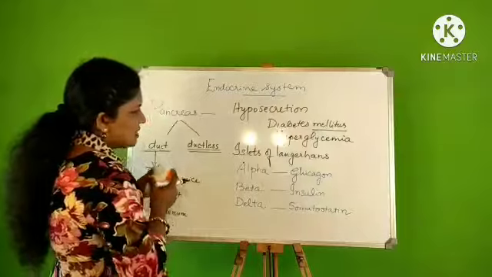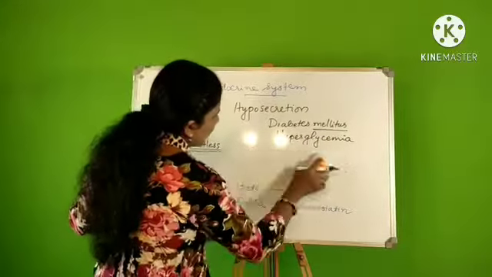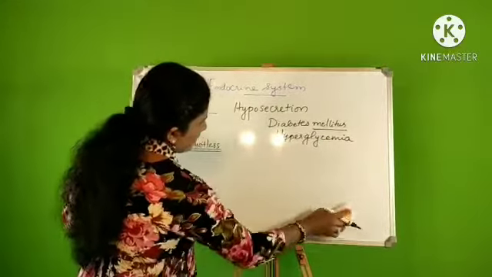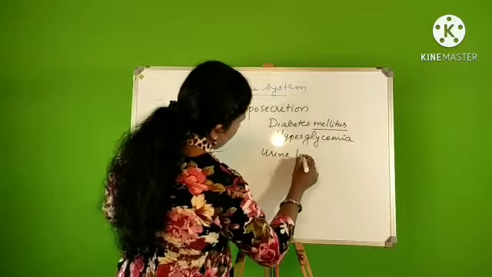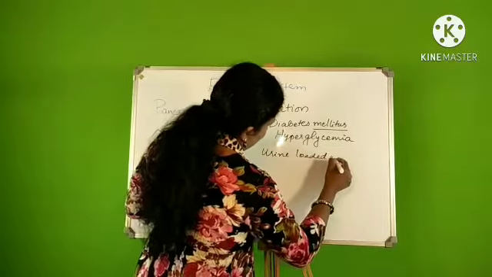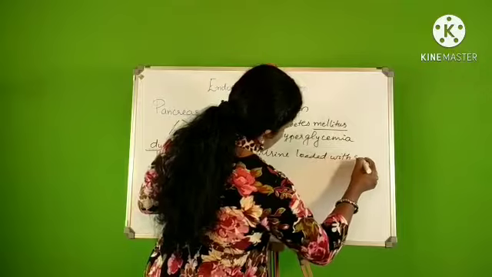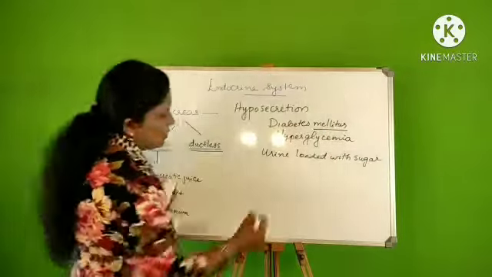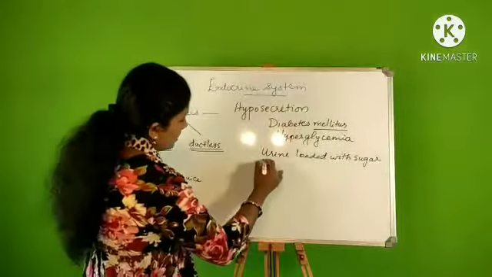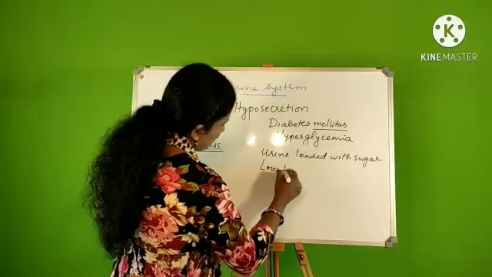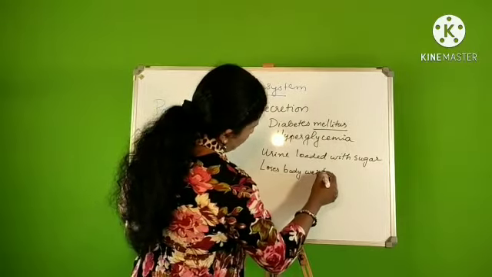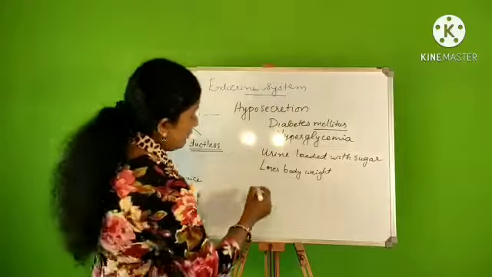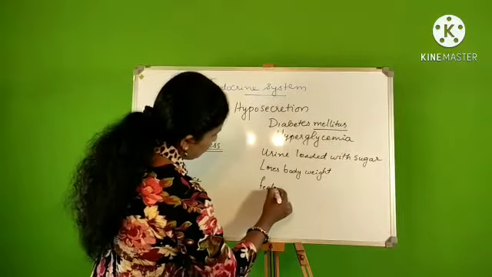So what are the symptoms? Urine loaded with sugar. Then the person loses body weight. A diabetic patient usually feels thirsty.